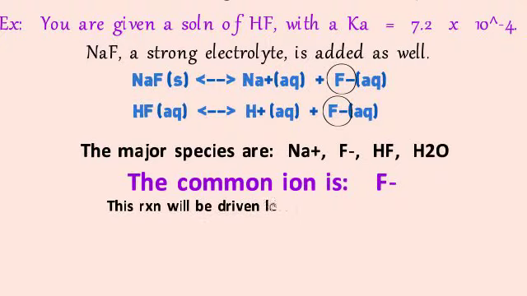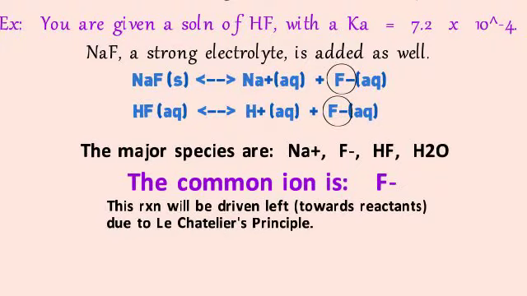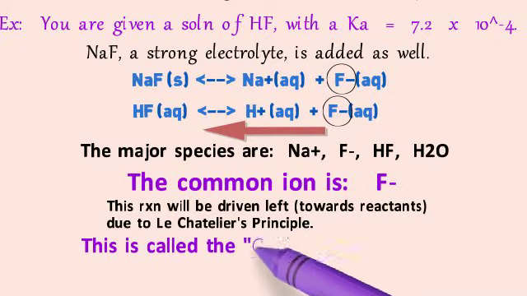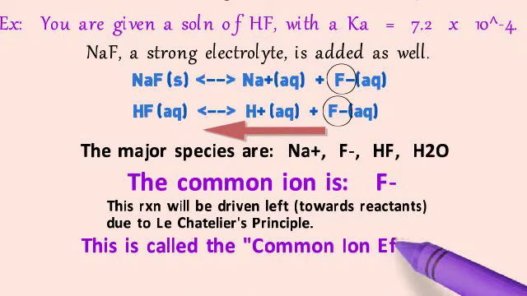This reaction will be driven left towards the reactants due to Le Chatelier's principle. Now, we've already discussed this in the previous chapter at equilibrium. So you're adding something to the product side and it moves the reaction to the left. You've stressed it. This is called the common ion effect.